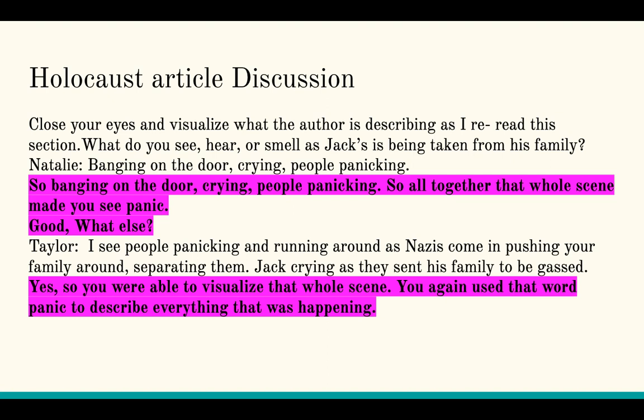In the second response, the teacher labels the student thinking by saying that they were able to visualize what the author is actually explaining. And she's also noticing that the two students came up with a similar idea with the word panic.